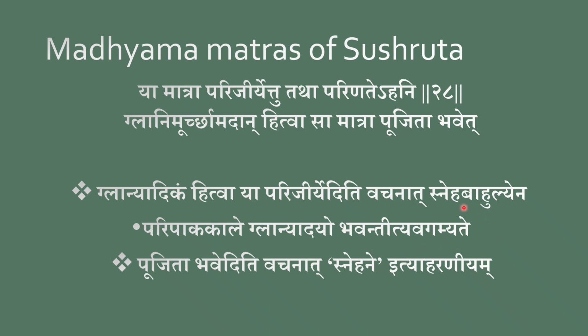So because of Sneha bahulya, during the paribhaga kala, glani etc. will be produced, and these glani etc. must be alleviated by the end of the day before 12 hours. Then we can see that we have used the Madhyamatra Snehavana properly, and this advice of Madhyamatra Snehavana is excellent, and it is well known for the Shodhana purpose.